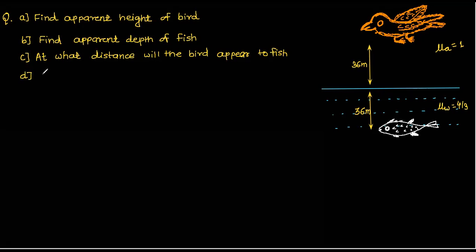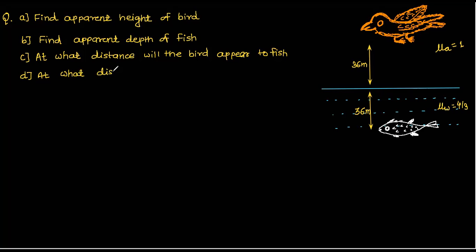And the last one, at what distance will the fish appear to the bird? Okay, this is the question they have asked. Right, so let's start solving. I'm starting from question number 1. I'm making some 2-3 columns so that you will understand and we can finish the problem.